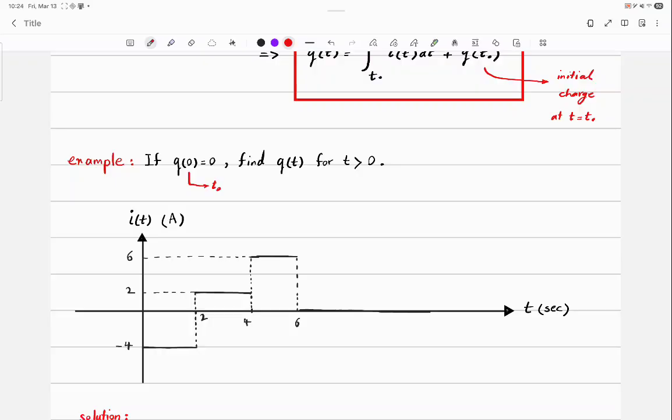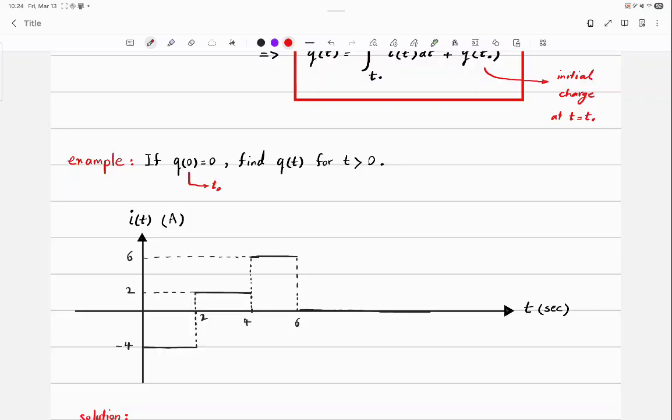Then I'm going to integrate from 0 to 2 I(t prime) dt prime plus q0, which is the integral from 0 to 2 of -4 dt prime plus 0, -4 t prime from 0 to 2, and it's equal to -8 coulomb.